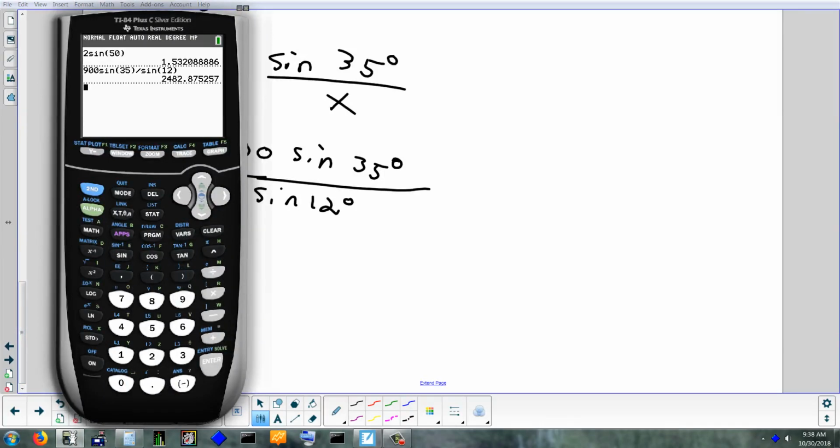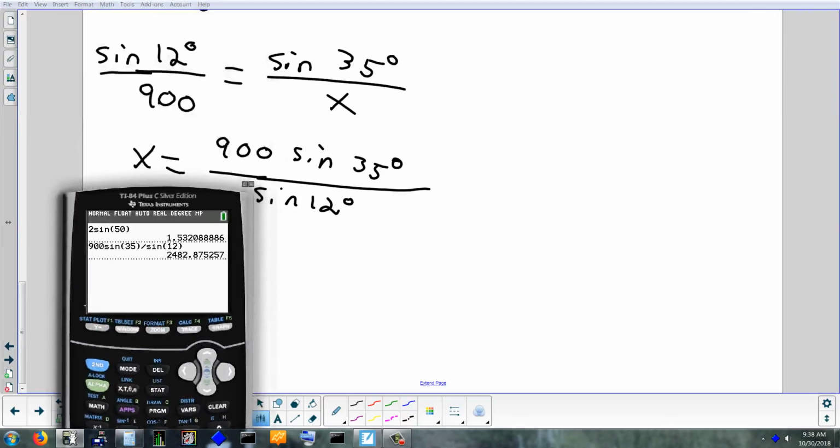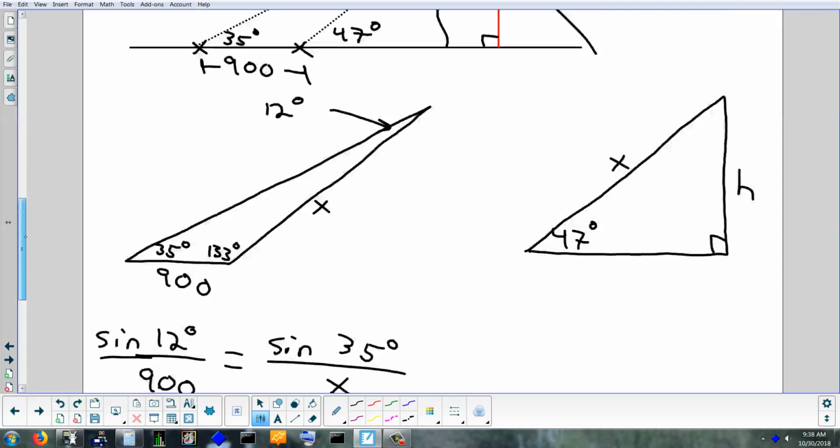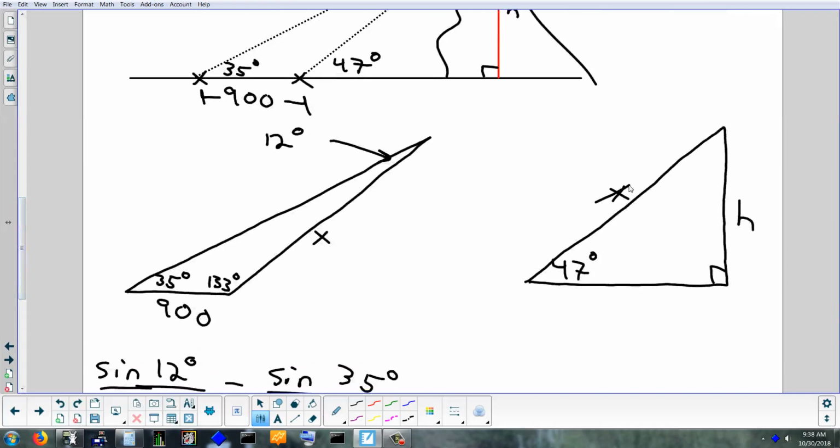So I get 2,482.8. Is that the height of the mountain? No. What is that? In our problem, we called it what? Just x. So x is 2482.88. Now I'm good to find the height.